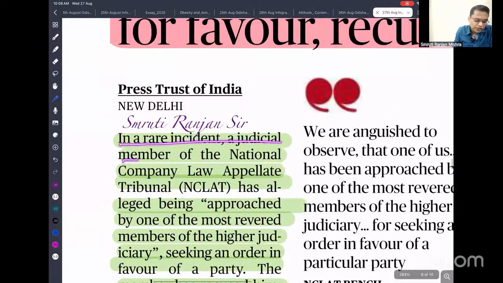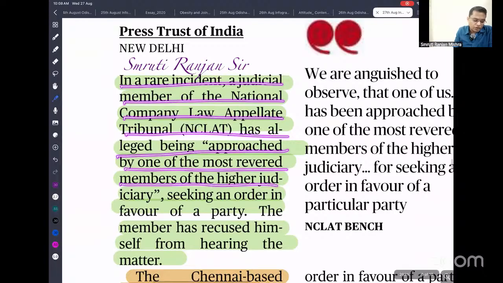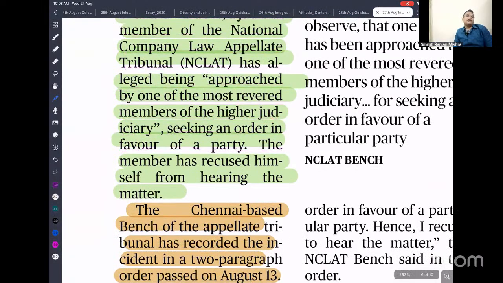A judicial member of the National Company Law Appellate Tribunal has alleged being approached by one of the most revered judges on behalf of a party. So this is how serious it is in the judiciary. We are blindly following the judiciary, but what is the judiciary doing? We are worshipping our judges as gods, but what is this?